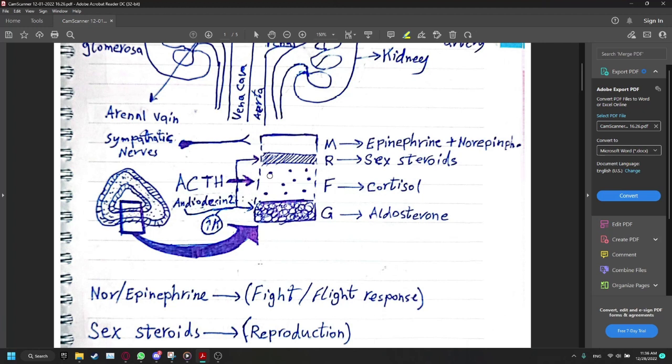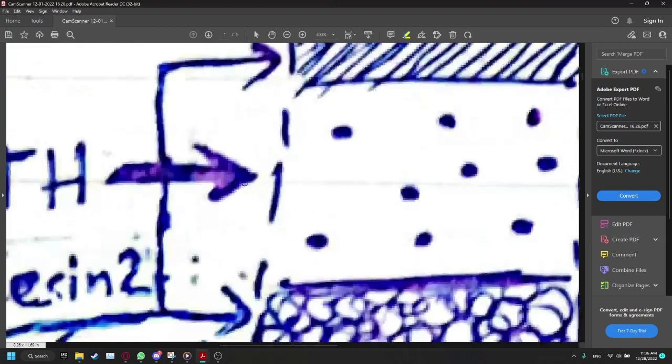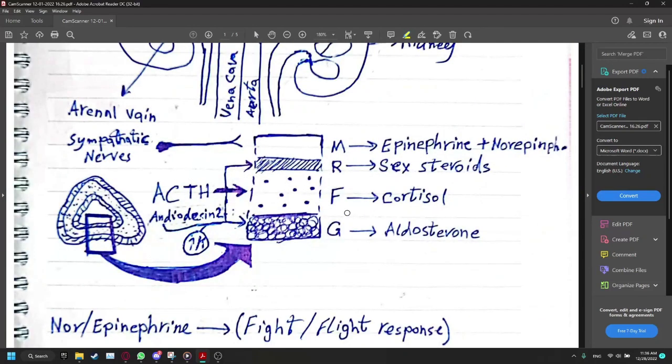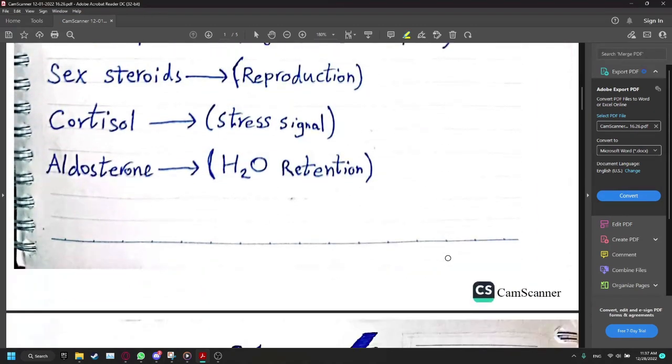The ACTH mainly affects, and I say mainly, this is why I put a thick arrow here. It mainly stimulates the fasciculata to produce cortisol here, but it has just a small effect on the reticularis for the sex steroids here.